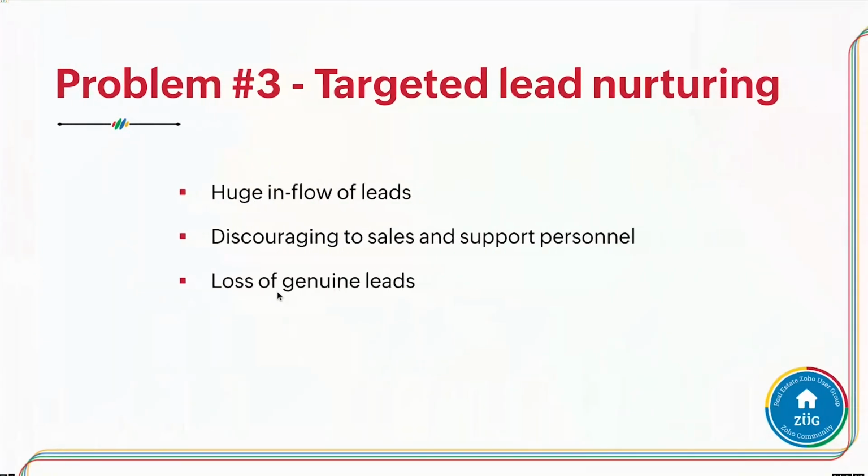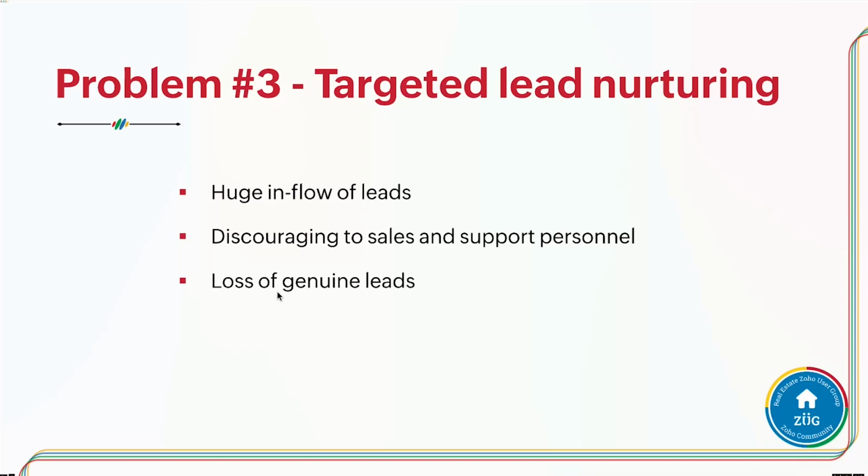And targeted lead nurturing. This is one of the things that we just talked about, like using the scoring rules, right? When you add the things that we talked about, there's a lot of leads that could come into your system, maybe 2 or 3 times more leads than you could get before. And like we just spoke, there could be a lot of spam, a lot of junk leads that come into the system.